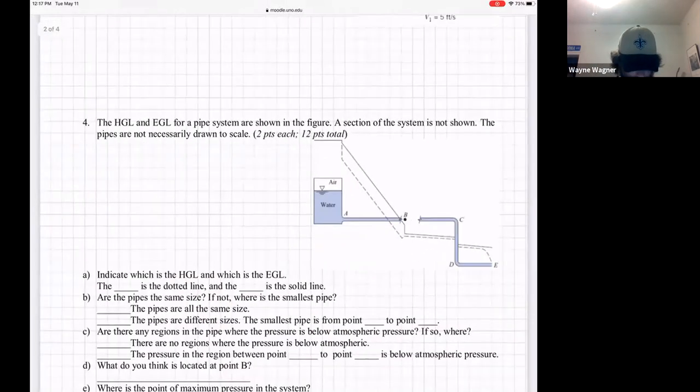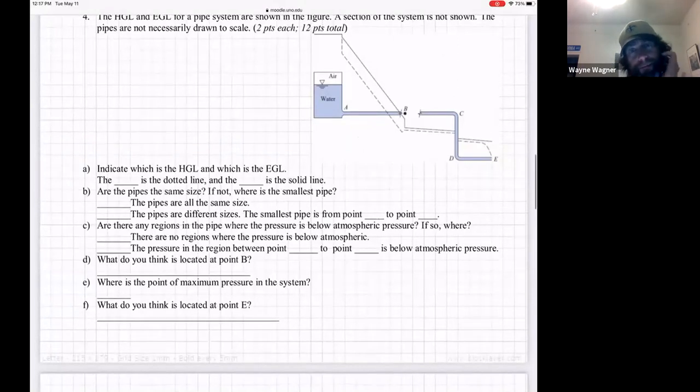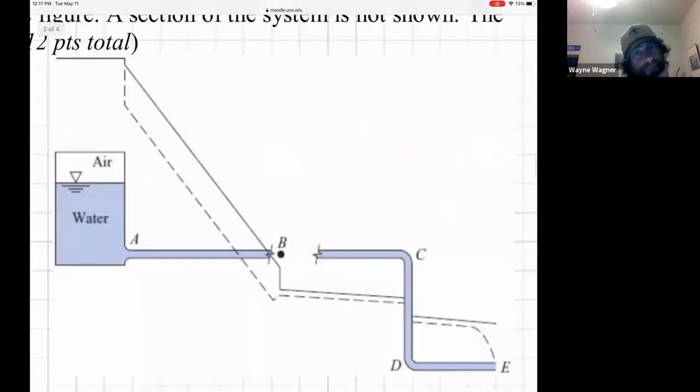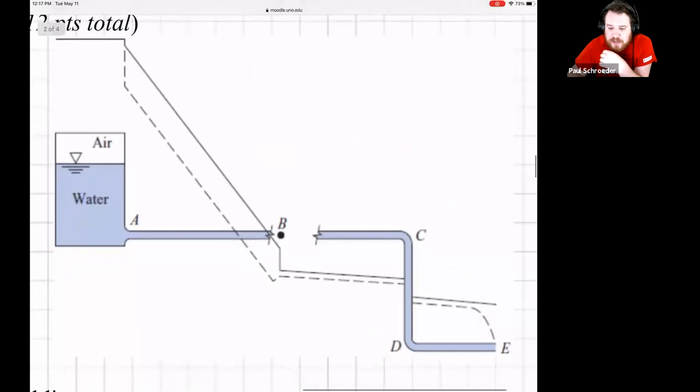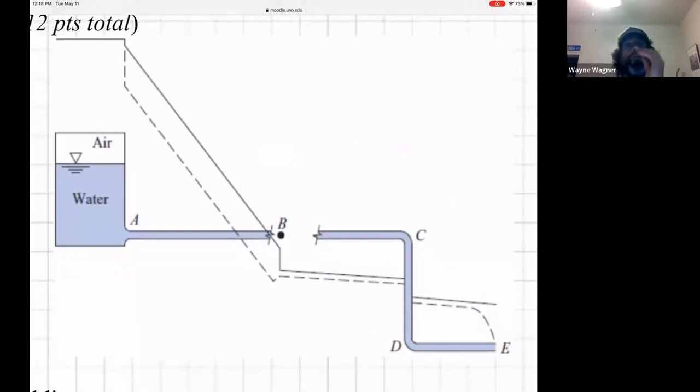And then what's going on at E? Is that a gradual expansion to a reservoir? No. Okay, a few things. Let's start with, what is the pipe doing?